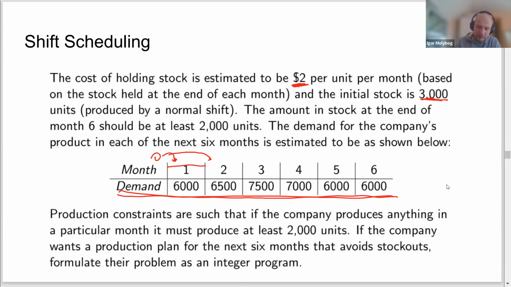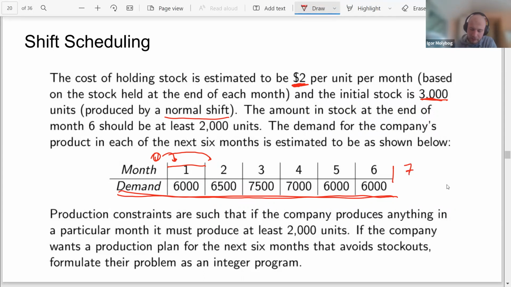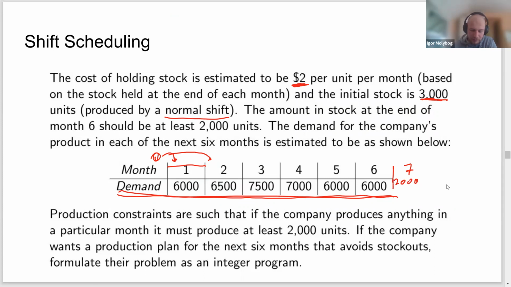And we are given that the previous shift in month 0 was the normal shift, not the extended one. The amount in stock at the end of month 6 should be at least 2,000 units. So here we have month 7, and in the very beginning of month 7, we need 2,000 units of our inventory.